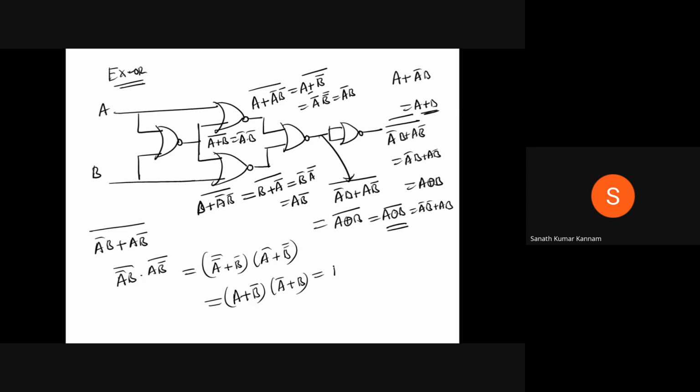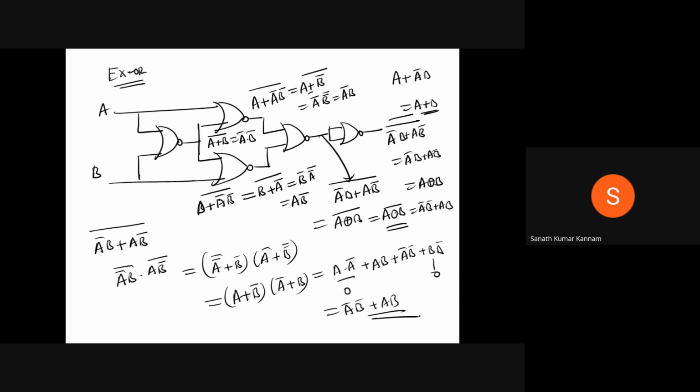If you write it out, A A bar plus AB plus A bar B bar plus B B bar. Anyway, A A bar is 0 and B B bar is 0, so this is equal to A bar B bar plus AB. You will get this.